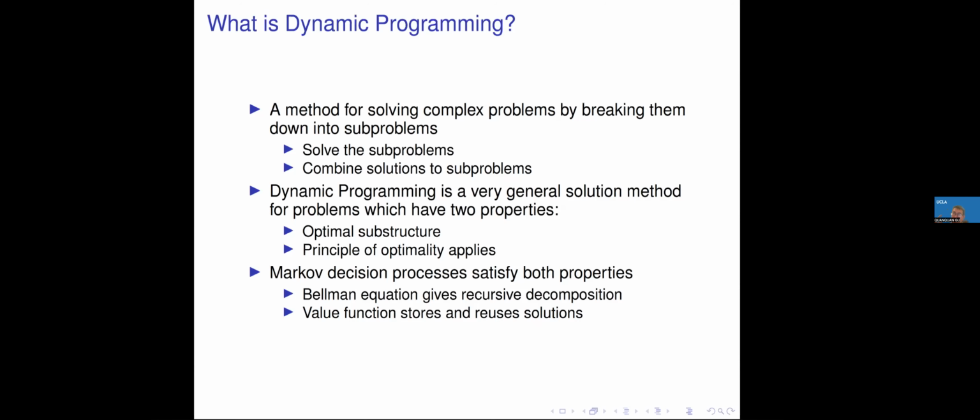As you recall, the Bellman optimality equation immediately gives you these two structures, because the Bellman equation gives you a recursive decomposition. The value of the current state is equal to the value of the next state using that recursive form. Also, the value function will store and reuse all those solutions. So the Bellman equation enables us to use dynamic programming to find the optimal policy for reinforcement learning.